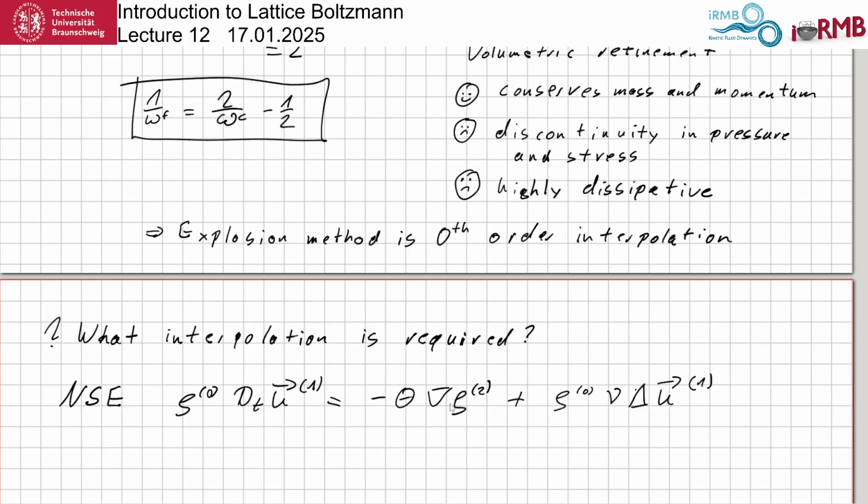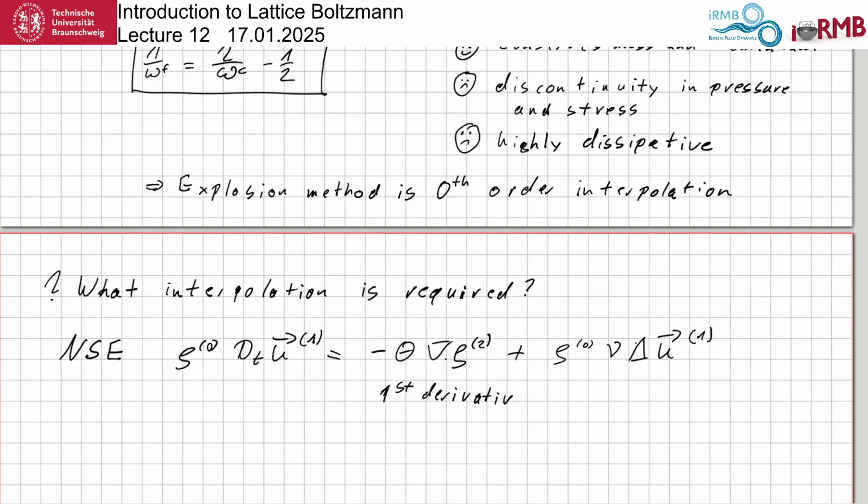And if they have the same value and you try to compute the gradient, you will always get zero. So there's a first derivative, and the minimal way you need to know your density field is by linear interpolation. Otherwise, you cannot reproduce the gradient of the density.